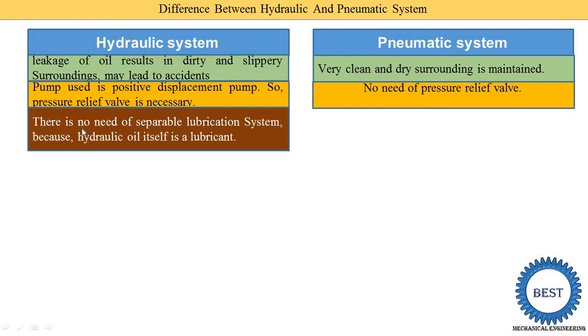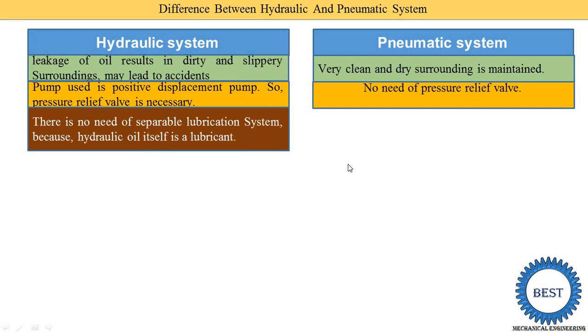In a hydraulic system there is no need of a separate lubrication system because hydraulic oil itself is a lubricant. Oil generally passes through every component inside the hydraulic system. You generally know that in every lubrication system we use oil, and here the working substance is oil, so we do not require any separate lubrication system.